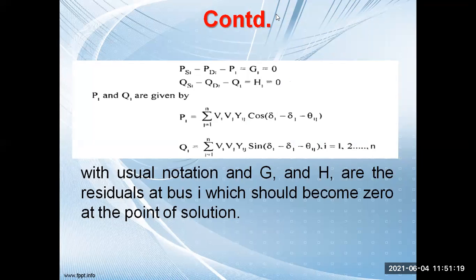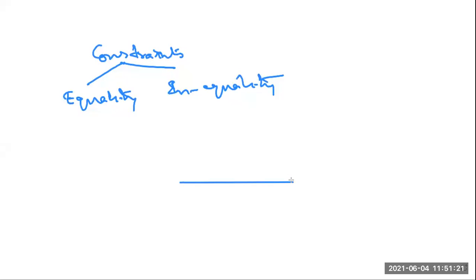Let us consider a bus first. In this bus, we have a generator connected. Let us say it is a generator and it is connected with this bus. Now here there will be two kinds of things. One is it will be connected with another transmission line, and this will be your connected load.